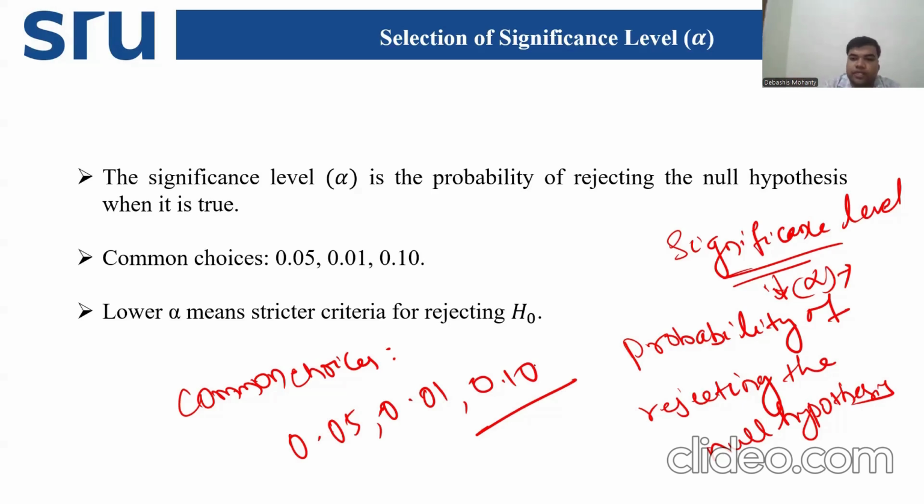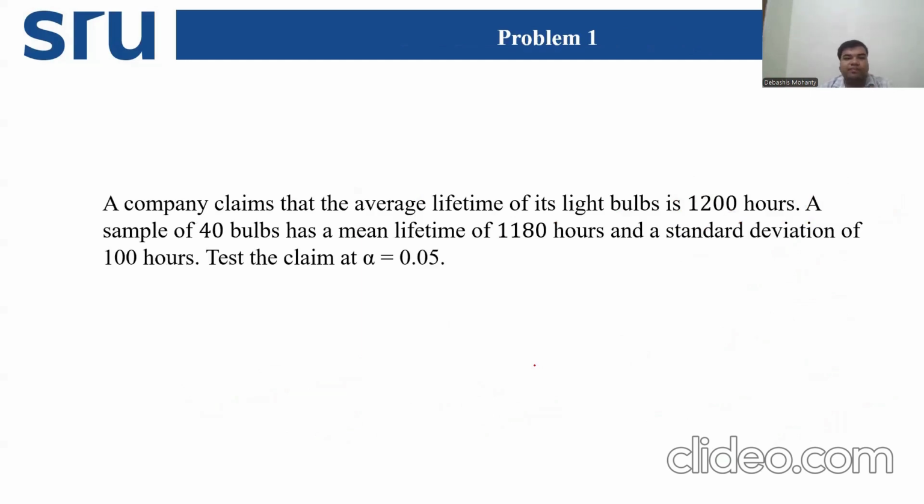Okay. So next, coming to one problem: a company claims that the average lifetime of its light bulb is 1200 hours. So students, here you have to identify whether it is an X bar value or the mean. X bar means what? Sample mean. So with respect to the sample of 40, the mean is given as 1180. Don't be confused.